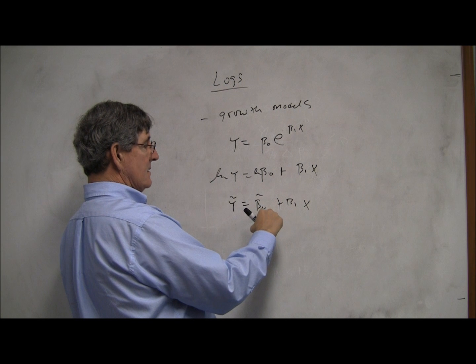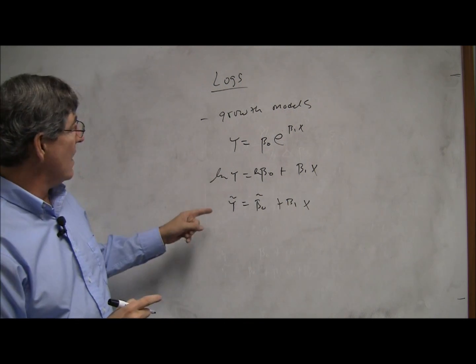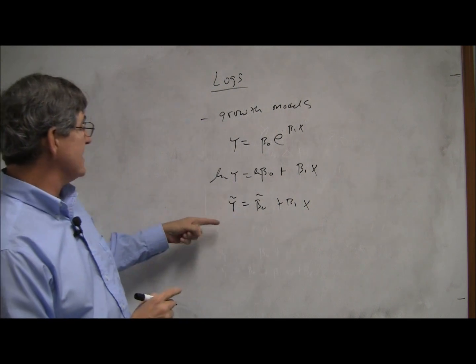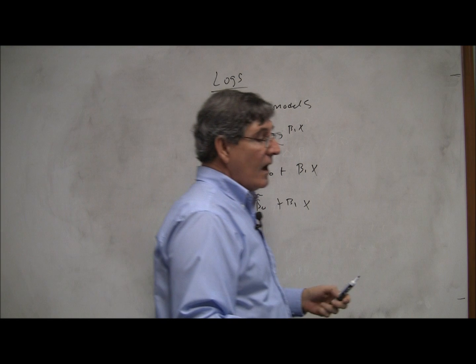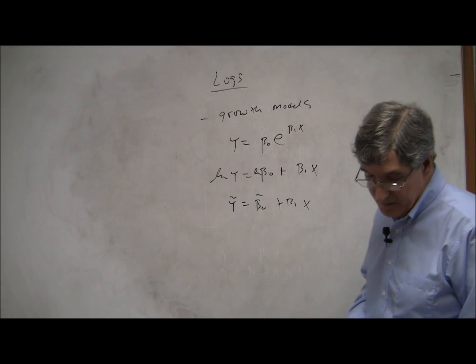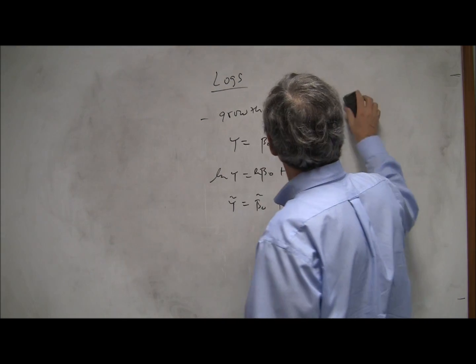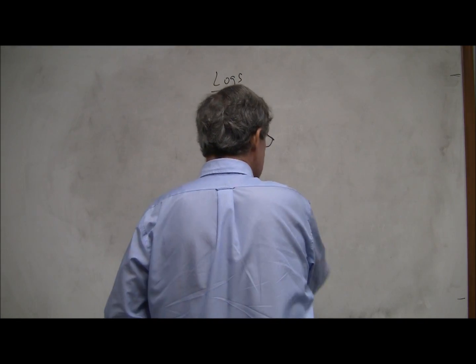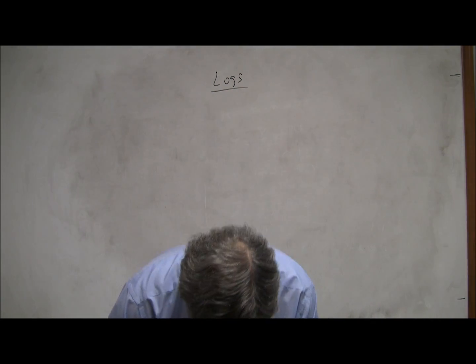I just let beta 0 tilde be the log of beta 0, and beta 1 is beta 1, y tilde is the log of y, and I can estimate this with our standard OLS model. And so logs have quite a few uses for modeling nonlinearities. And just a few things about logs, and then we'll move on to write down some models.